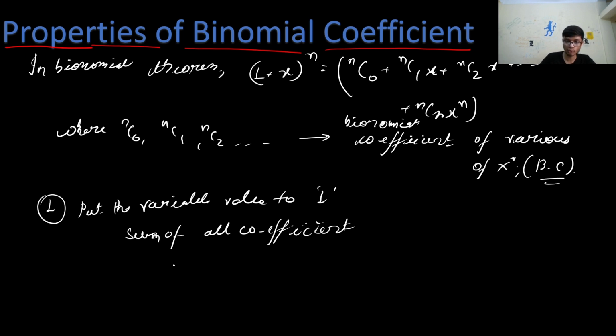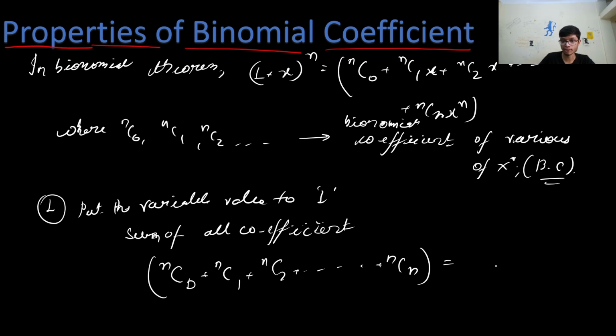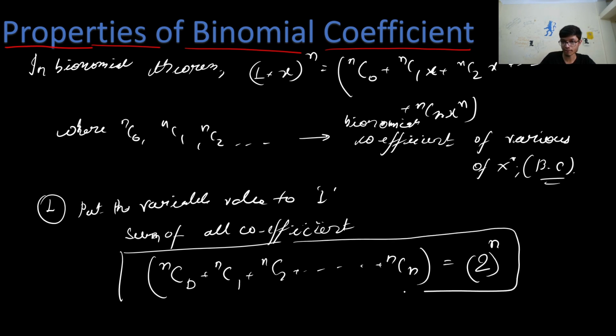So if I look at the sum nC0 plus nC1 plus nC2 and so on up to nCn, if you put x equal to 1, this will become 2 raised to the power n. So this is the sum of all the binomial coefficients. I hope this is clear.